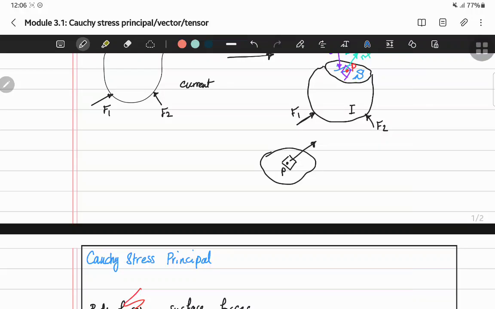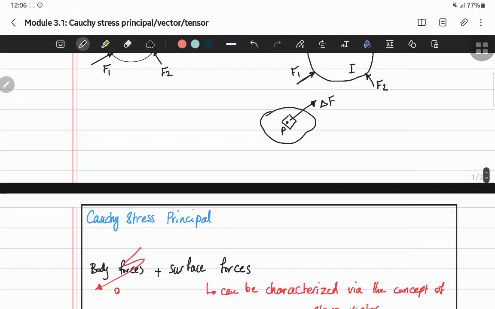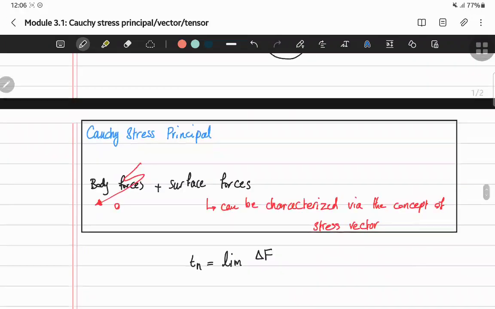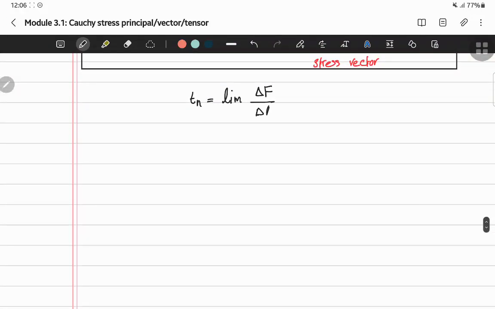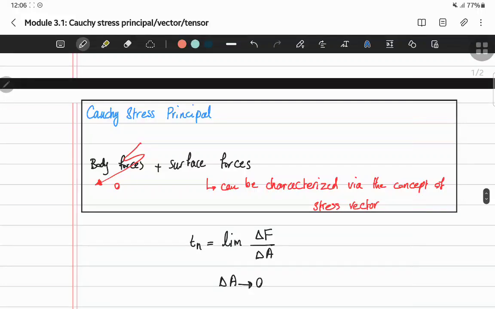So you have del F, which is applied to dA, or delta A, as delta A goes to 0. So it becomes a point, basically. This is the concept of the Cauchy stress vector.